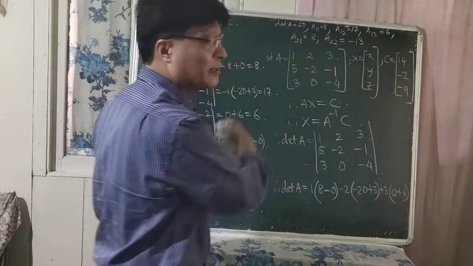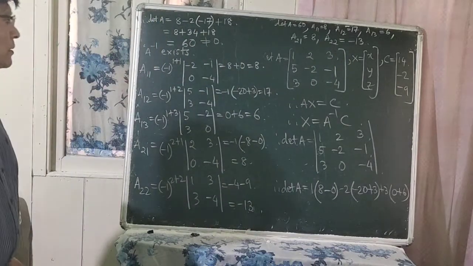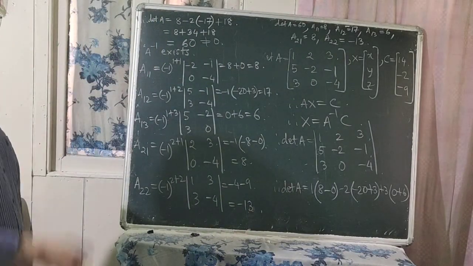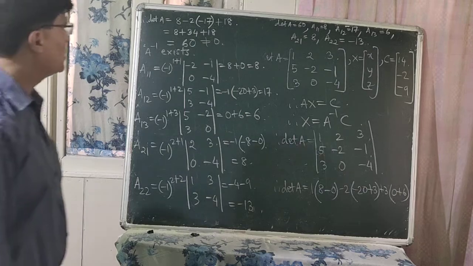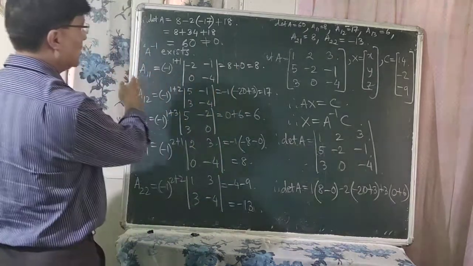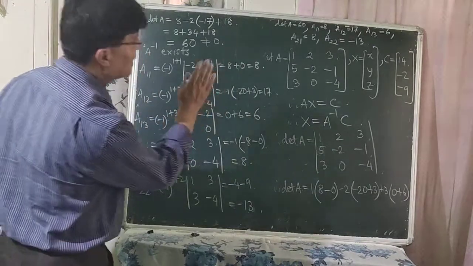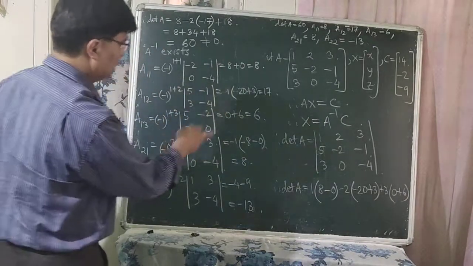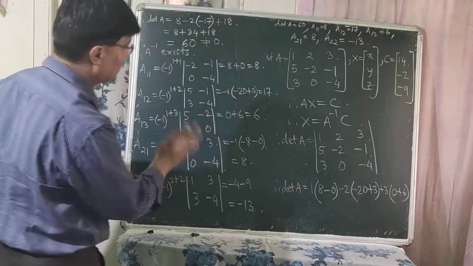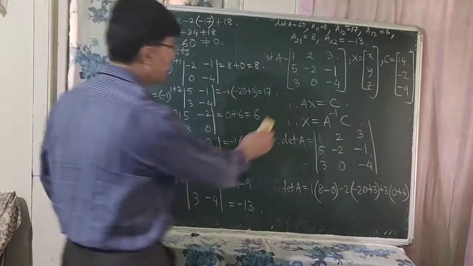I have written it because I may drop this one. Okay. So you can pause the video and see it also. So let us take det A equal to 60, A11 8, A12 17, A13 6, A21 8, and A22 minus 13.